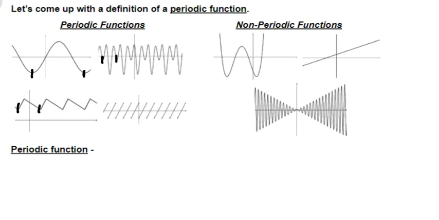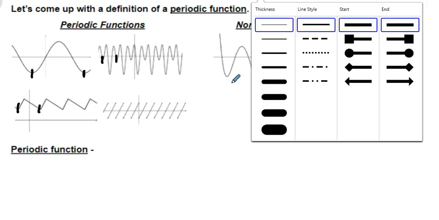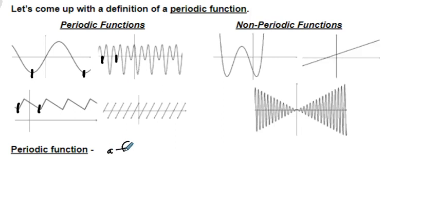So hopefully you're recognizing that for periodic functions, the big keyword there is repeats. So the way we're going to define this is we're going to say that this is a function that repeats itself at regular intervals.